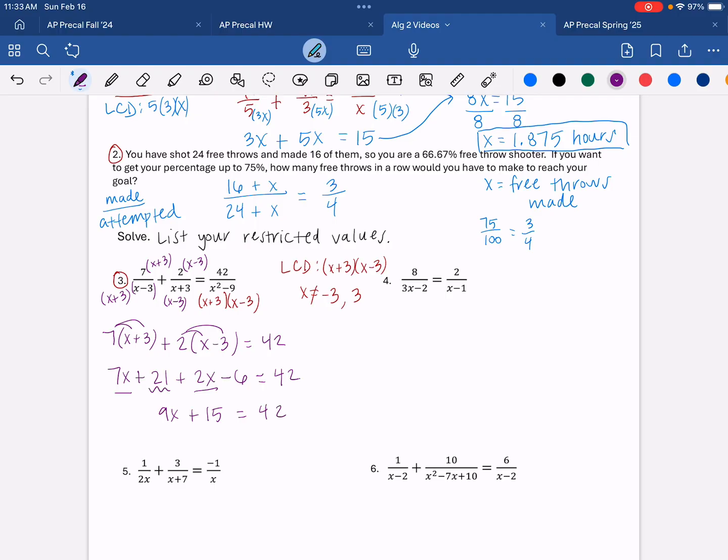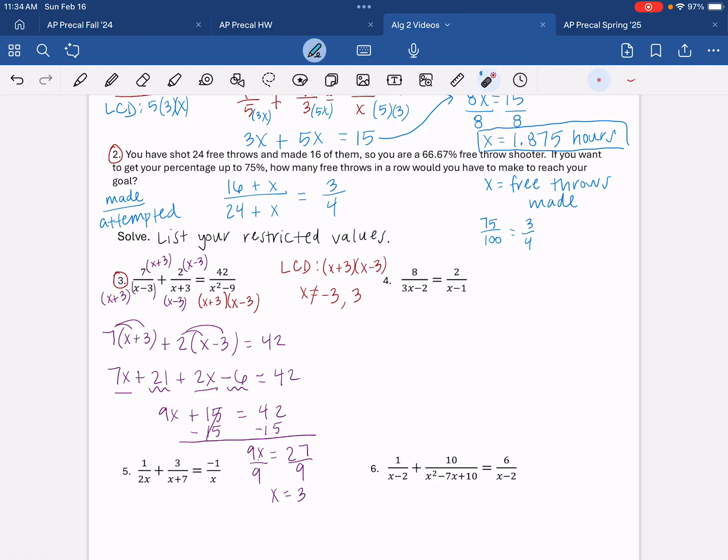So I just combined those like terms since they were on the same side of the equation. Now I'll subtract 15 and get 9x equals 42 minus 15 is 27. Okay, and divide by 9. So I've done all the steps correctly. I get x equals 3.